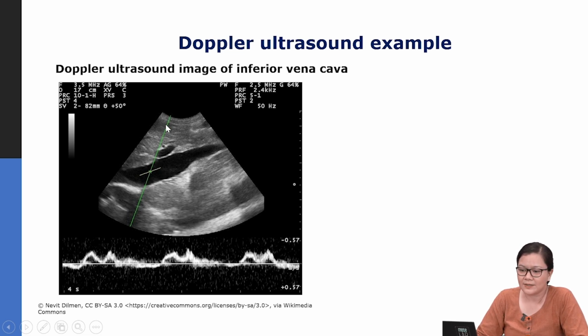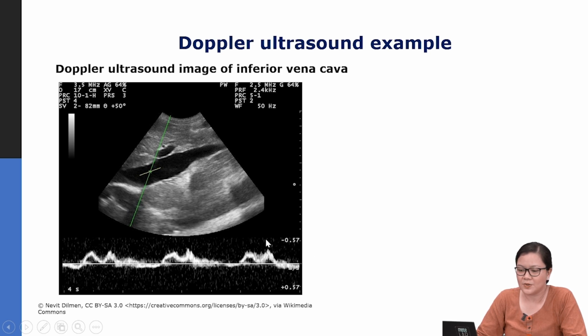So here we trace out a location at which Doppler ultrasound will be assessed, and here is where the blood flows. This line is what is orienting the angle, the Doppler angle here. And at the bottom, you can see the spectrogram of the blood velocities that is being calculated as a function of time right here.